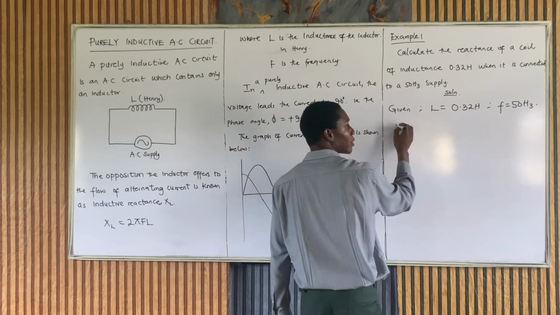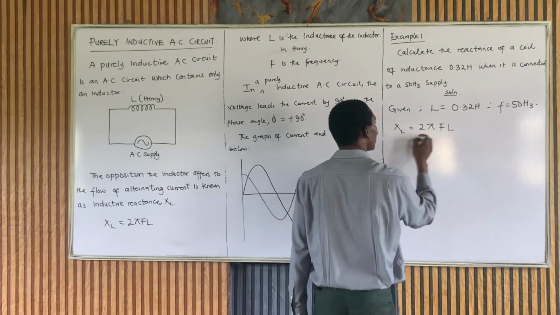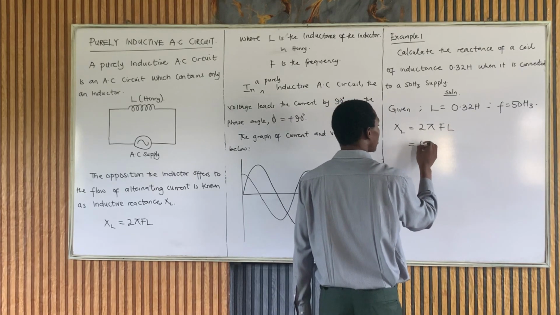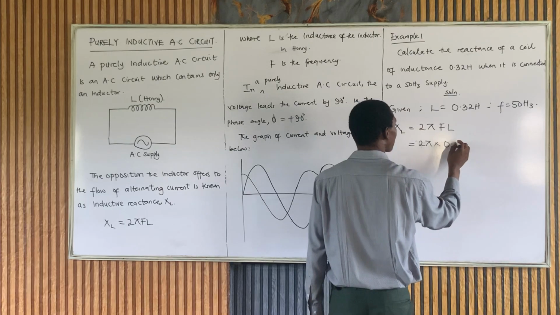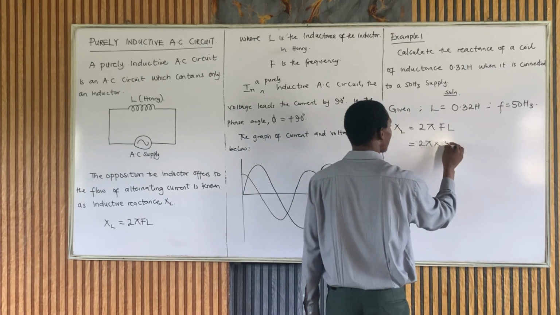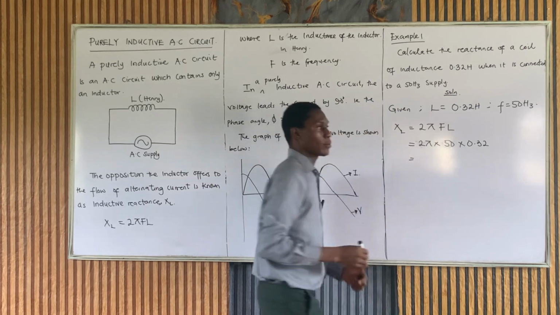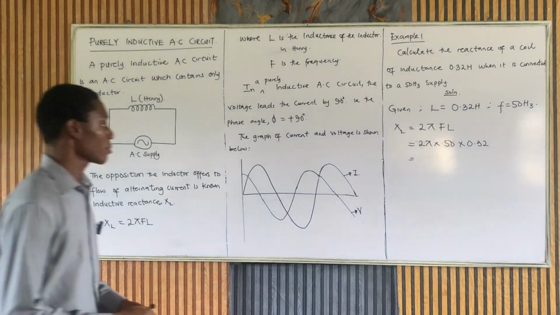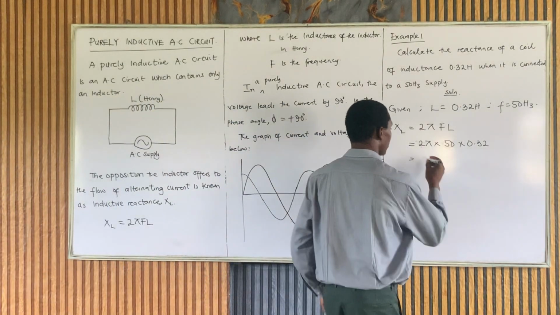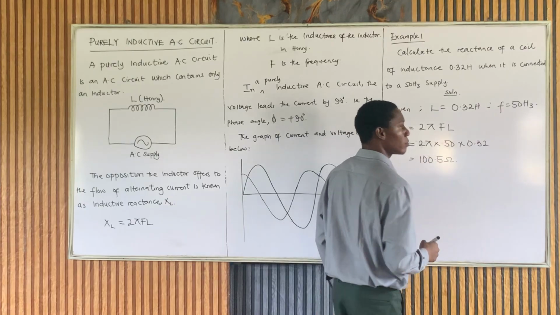So the inductive reactance is 2 pi FL, which will be 2 pi times 50 times 0.32. So this is 100.5 ohm.